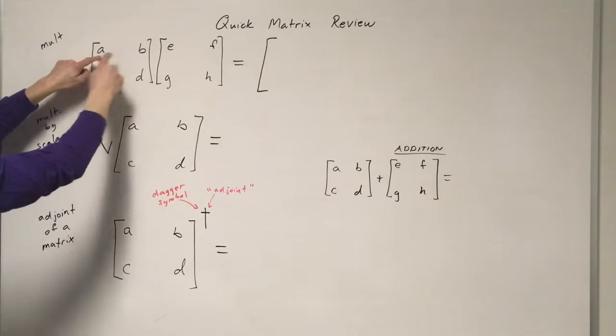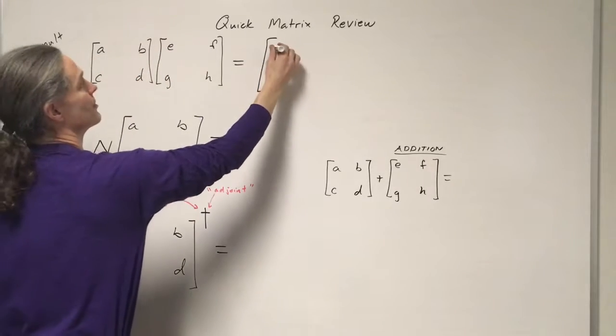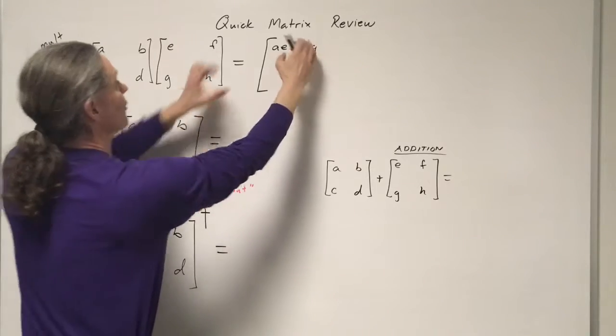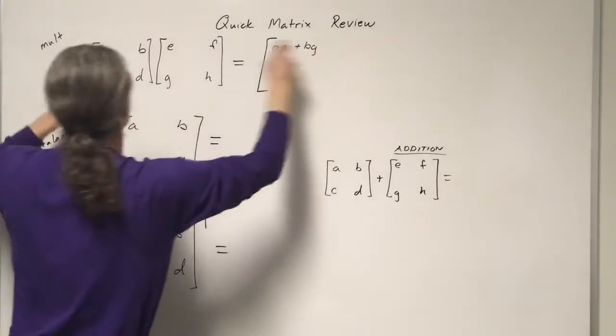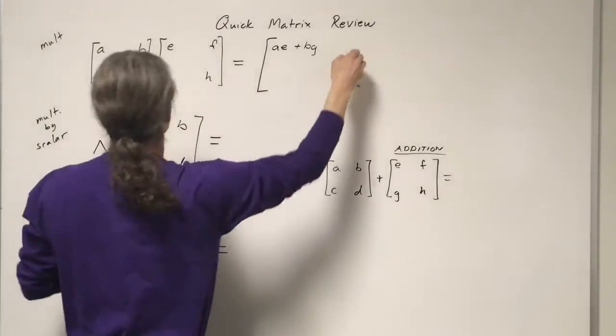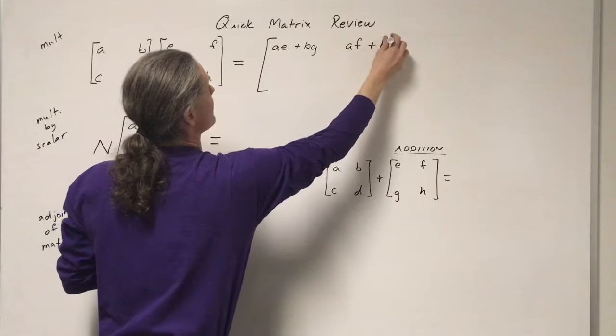I take A times E plus B times G and put that here. AE plus BG. All of that is this first element. Then I can do the same thing over here. A times F plus B times H goes right here. AF plus BH.